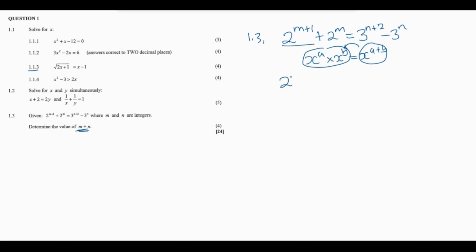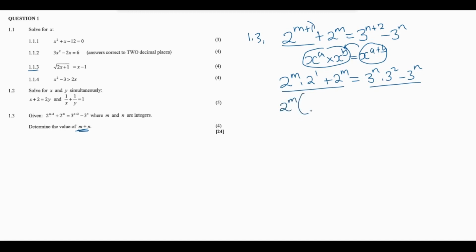It's going to be 2 to the power m times 2 to the power 1 plus 2 to the power m. Right. Most of the time when you see this, you just remember you have to split the power and factorize. Is equal to 3 to the power n times 3 to the power 2 minus 3 to the power n. Right, we have a common factor here which is 2 to the power m. We have a common factor here which is 3 to the power n. So we have 2 to the power m.